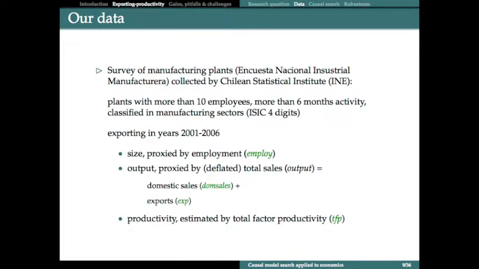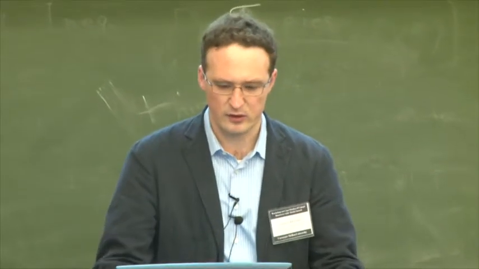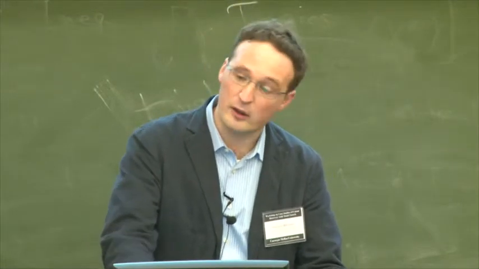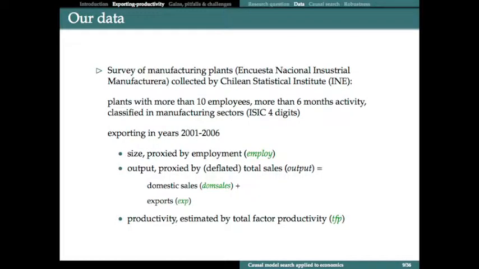So we use a survey of manufacturing plants. Our data comes from this survey collected by the Chilean Statistical Institutes, where we have plants with more than 10 employees, more than 6 months activity, and classified in different manufacturing sectors, and exporting, so firms that are active in exporting in the years between 21 and 26.